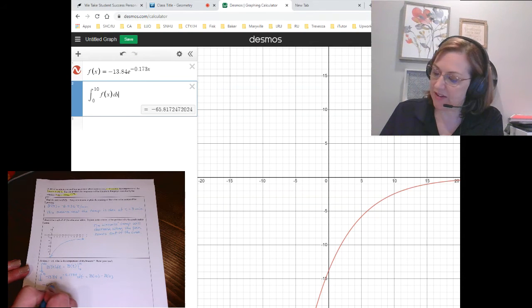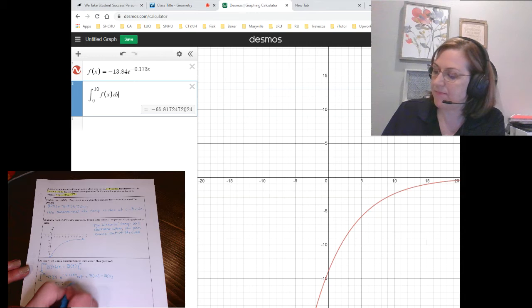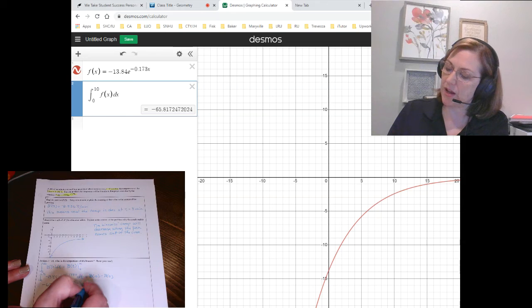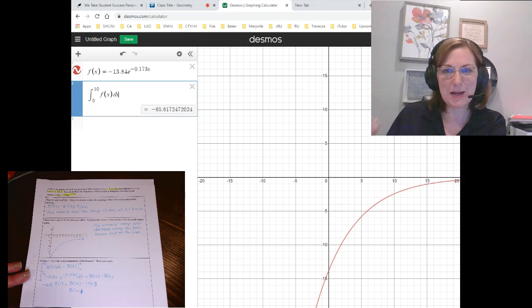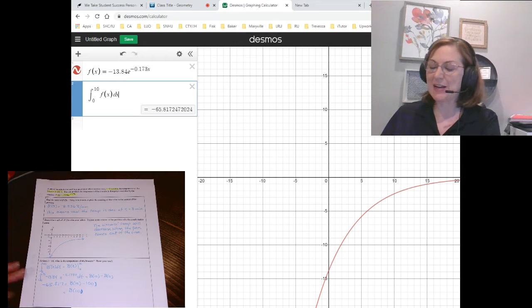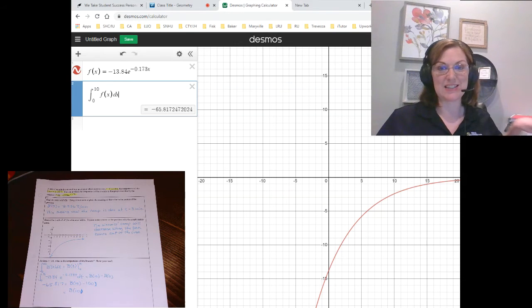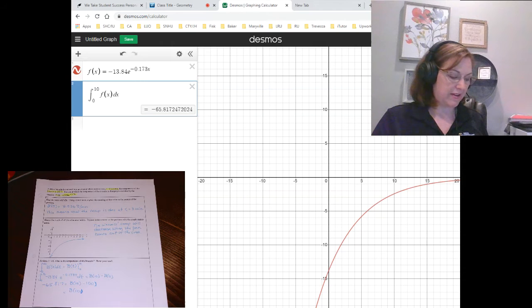So I get negative 65.817. That's b of 10 minus b of 0, which we were told was 100. So b of 10 is going to be 100 minus that 65.817.